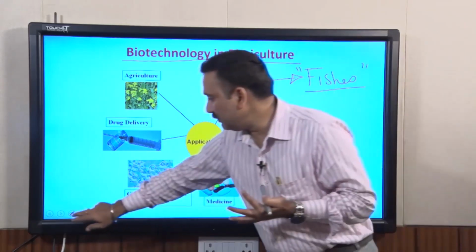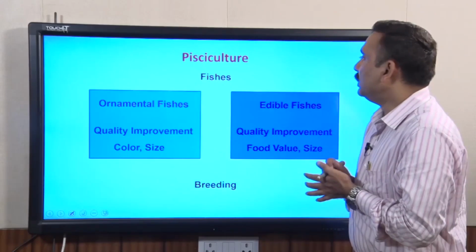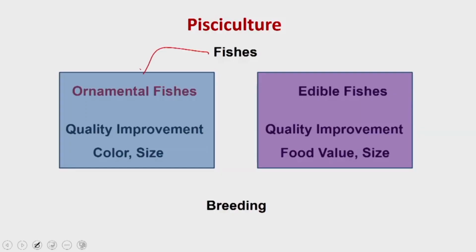Fish culture is being done for 2 purposes. You have ornamental fishes, and you have edible fishes. For both, quality improvement is one of the areas where biotechnology can easily contribute.